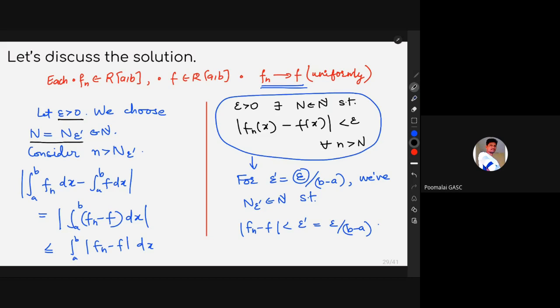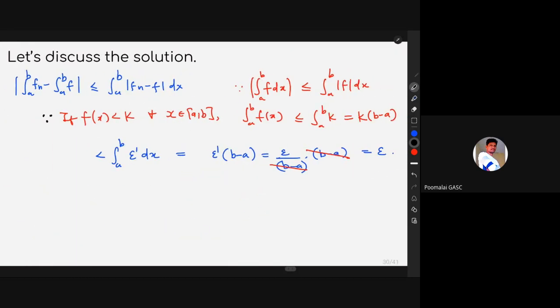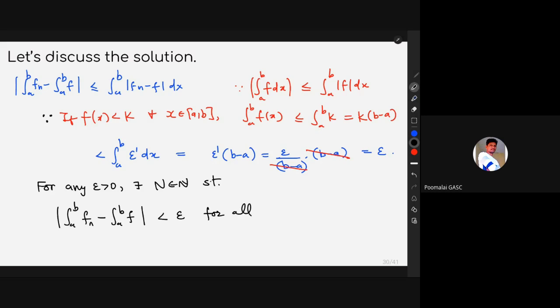For any epsilon greater than 0, there exists N in the natural numbers such that this quantity is smaller than epsilon for all n greater than N. That is what I have proved.